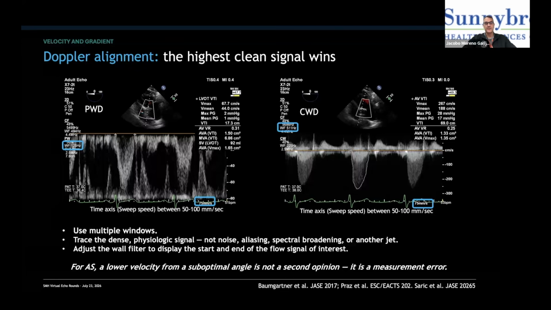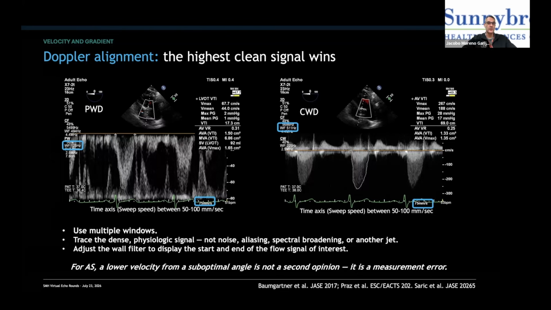Okay, next step. Once we have sorted out how to measure the LVOT diameter, now we need to get the Doppler alignment, and the highest clean signal is the one that is going to win. Recommendations from the guideline, important: the time axis, which is at the lower part of the screen, should always be between 50 to 100 millimeters per second.